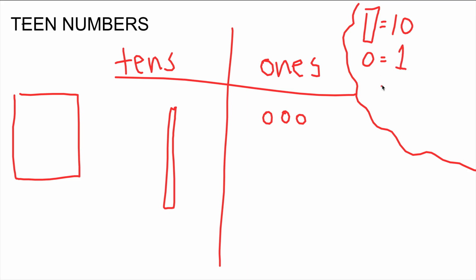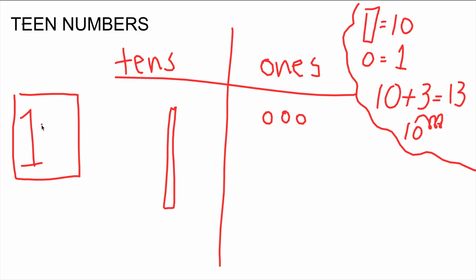So I have 1 ten plus 1, 2, 3 ones. So that means 10 and then 3 more: 10, 11, 12, 13. Oh, so 1 ten and 3 ones gives me the number 13.